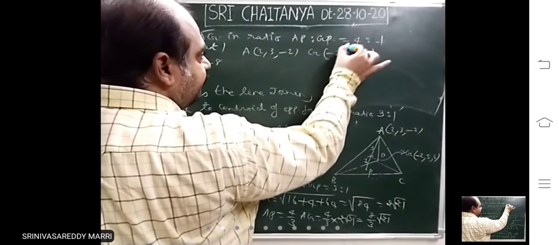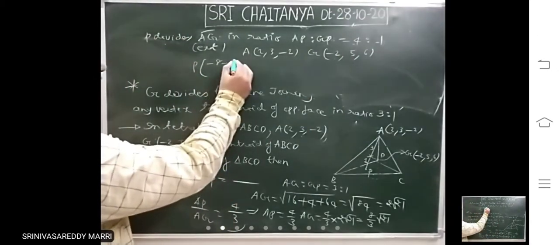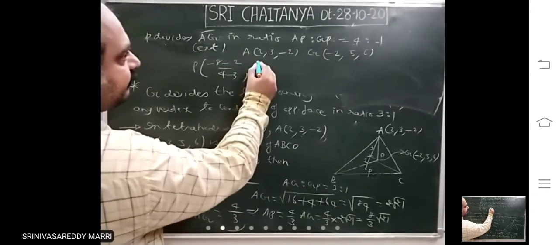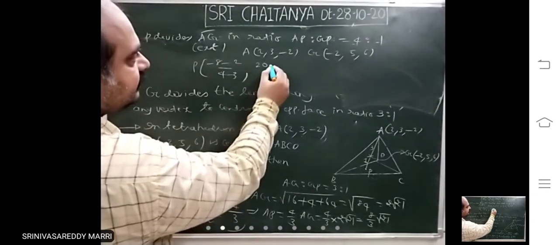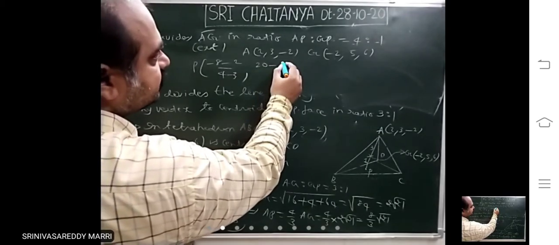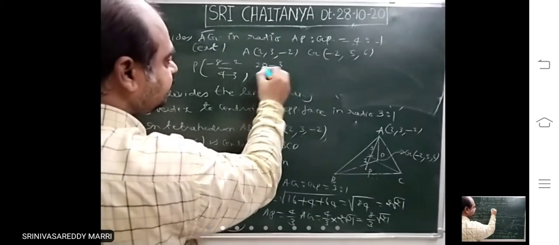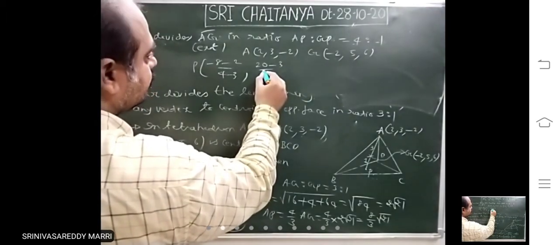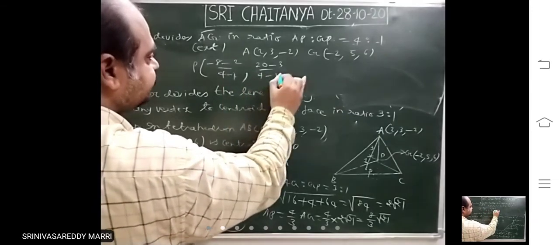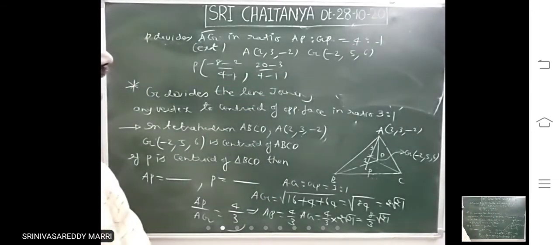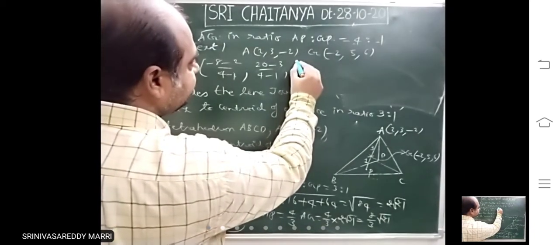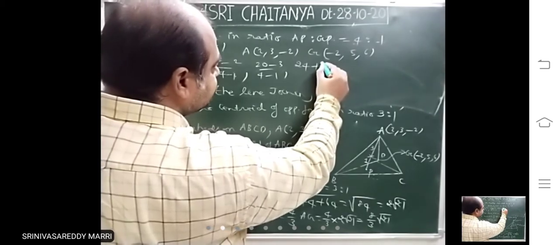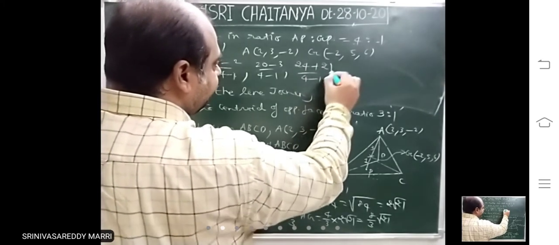That means 4 into -2 minus 1 into 2 divided by 4 minus 1, 4 into 5 minus 1 into 3 divided by 4 minus 1, and 4 into 6 minus 1 into -2 divided by 4 minus 1.